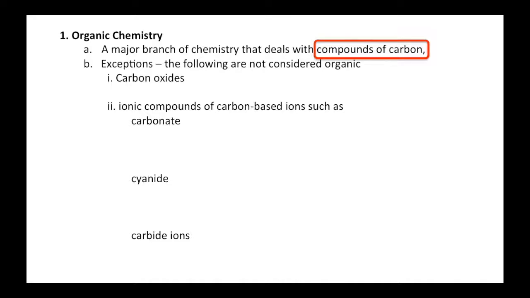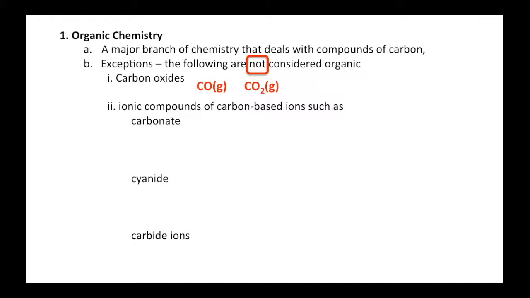Okay, organic chemistry. Well, in this unit we're going to talk about compounds of carbon, or carbon chemistry. So everything we talk about will be a compound based out of carbon. There are a few exceptions. The first exception, these ones that are not organic or inorganic, is the oxides.